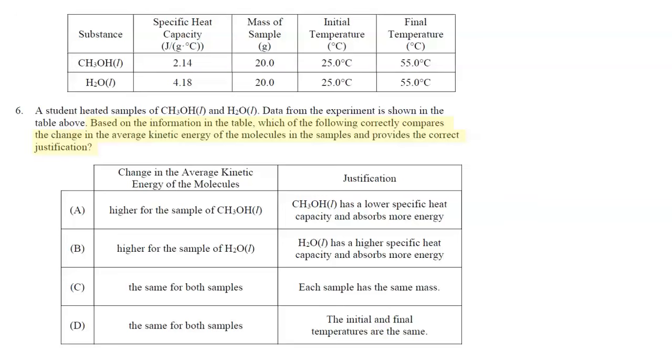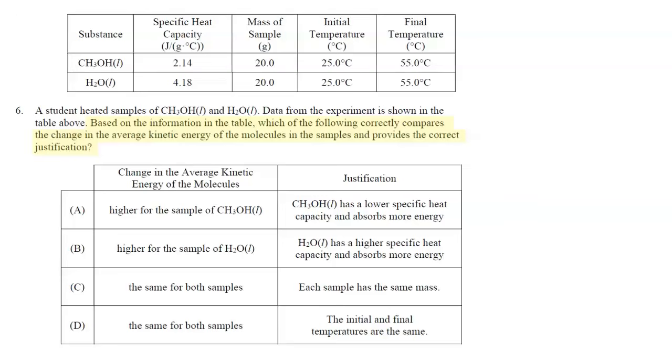Now, in the previous question, question 5, it turned out that the specific heat capacity of the metal was different than the specific heat capacity of the water. Here, in this table, we can see that the specific heat capacity of liquid methanol, CH3OH, is different than the specific heat capacity of liquid water.